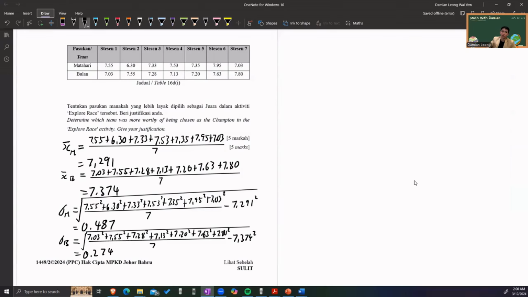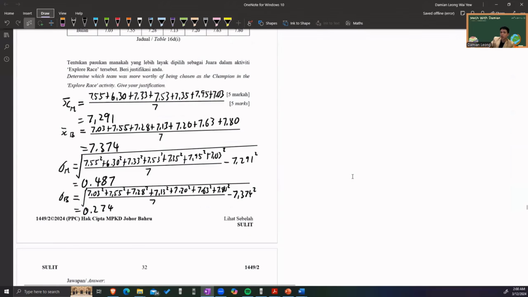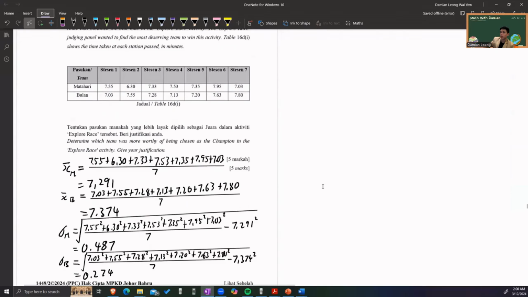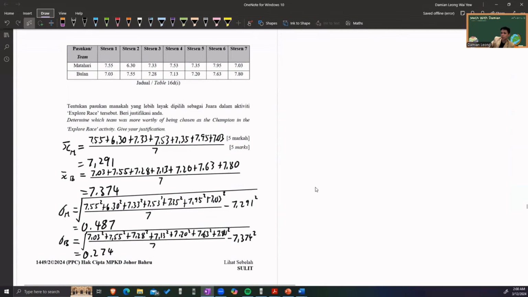So for this one, the standard deviation difference is very obvious. Bulan team is much lower. Okay. So yeah, it would be the Moon team, because more consistent, rather than Sun team, Matahari, which has a much higher standard deviation, meaning a bigger spread in the time taken.